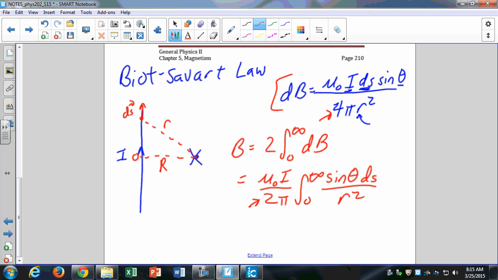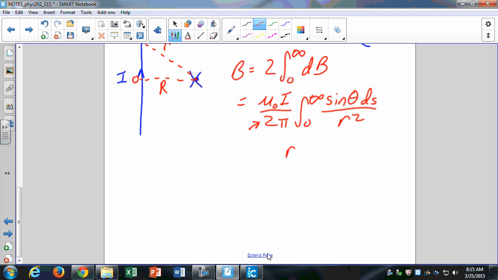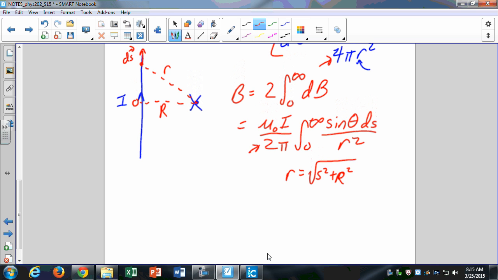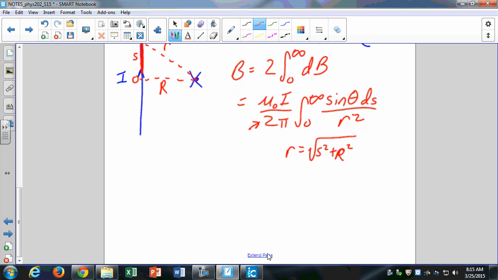It's not a difficult integral. If I make some substitutions, I know that r is equal to the square root of s squared plus R squared. Excuse me, big R squared. Here, s is this distance on the triangle. And then I also know that sine of theta is equal to sine of 90 minus theta.